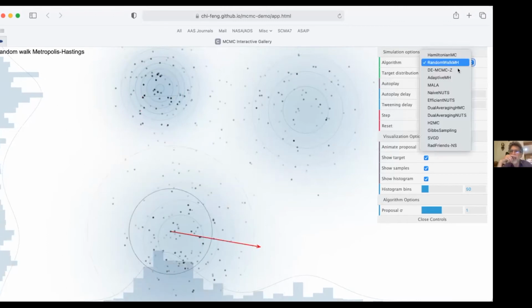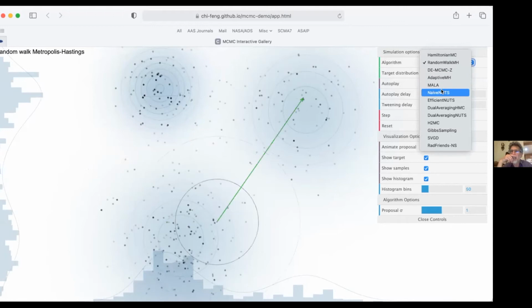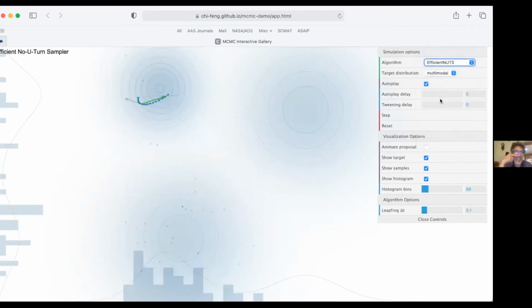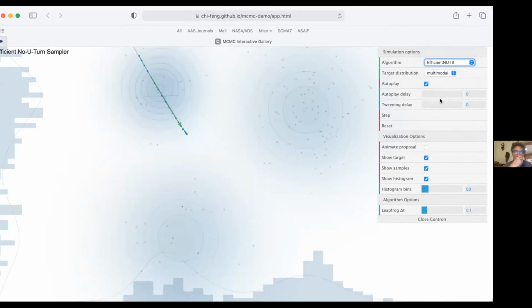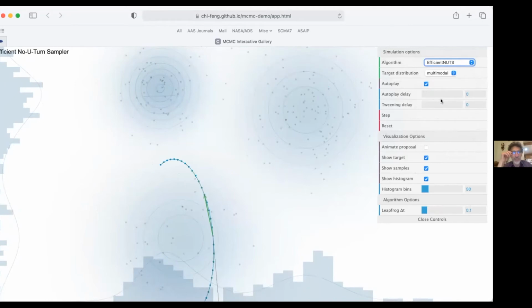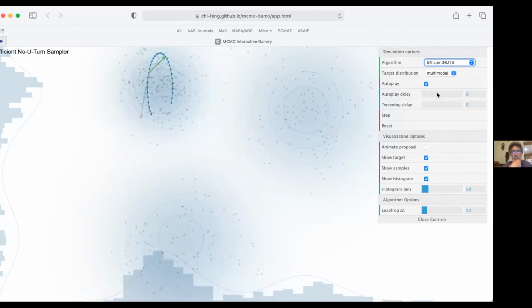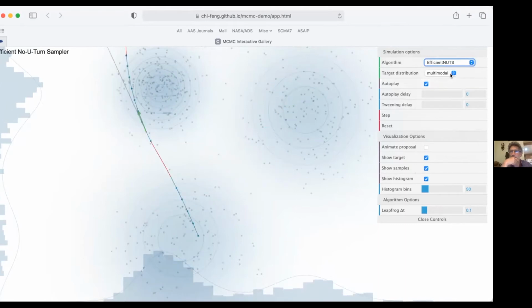Let's take a look at NUTS. NUTS means No U-Turn. Don't ever turn back. So this one's actually a fairly famous one. And it's doing a good job, but it still has trouble jumping correctly, efficiently.